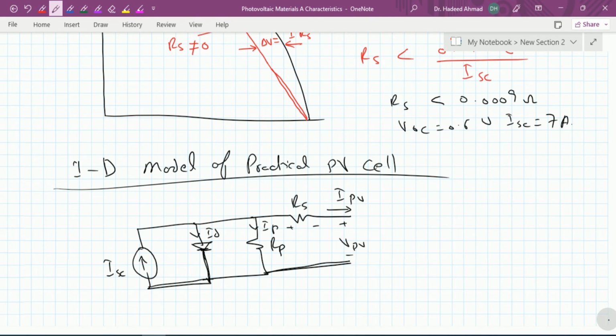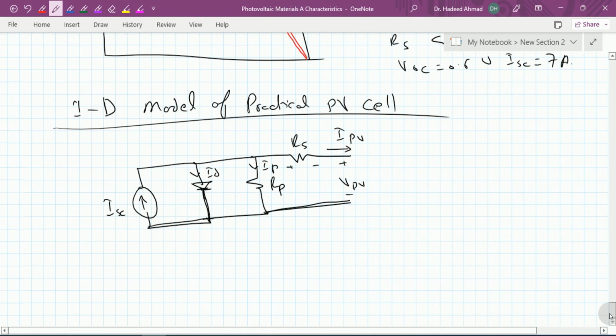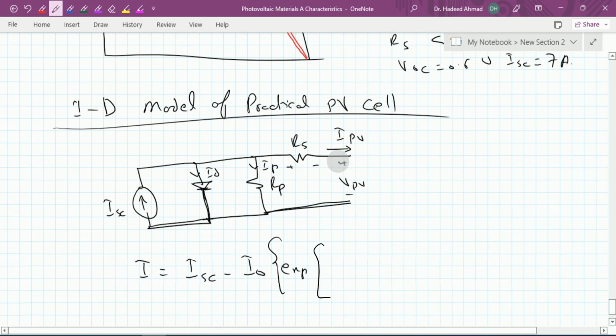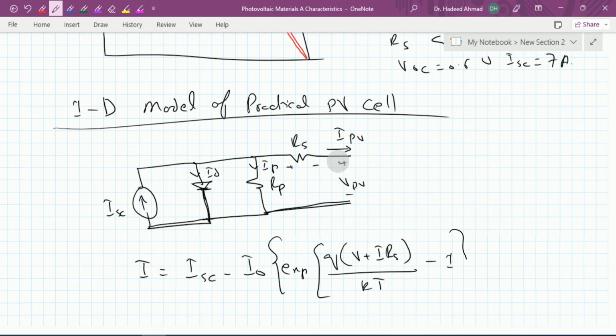Now, if we solve this particular circuit, then the model of the PV cell and its corresponding output equation is such that I is equal to ISC minus I naught exponential of Q into V plus IRs divided by KT minus 1, minus V plus IRs over Rp, right?